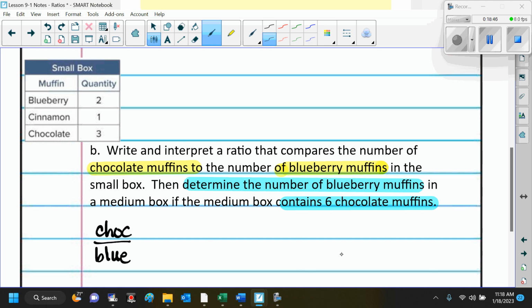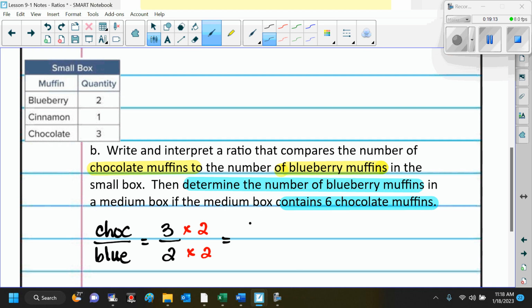And now we can fill it in. So chocolate is 3. Blueberry is 2. And we want to get to 6 chocolate muffins. So how do I get to 6 chocolate muffins? Multiplying by 2. So we multiply by 2 there and there.